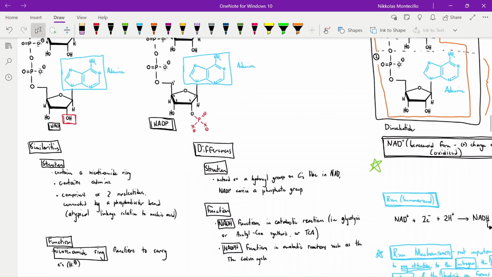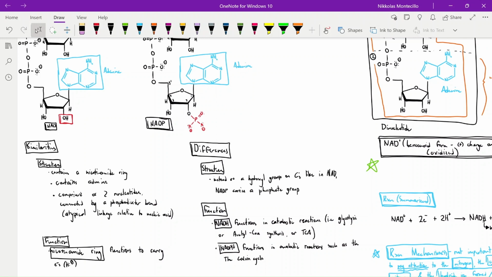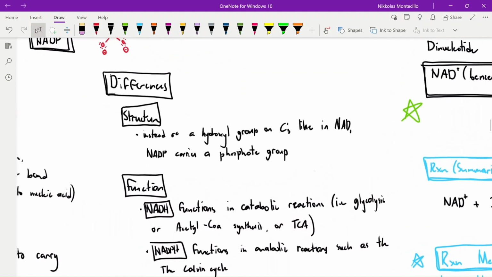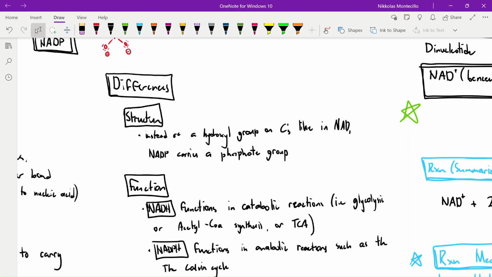In terms of differences, NADH, when it's reduced, functions in catabolic reactions, in essence glycolysis, acetyl-CoA synthesis, or the TCA, or citric acid cycle. On the other hand, NADP in its reduced form, NADPH, functions in anabolic reactions such as the Calvin cycle.